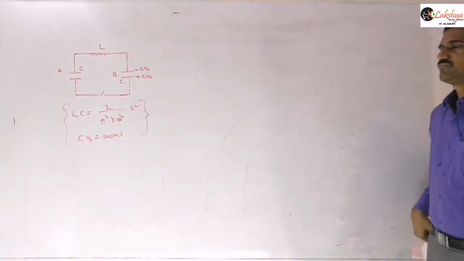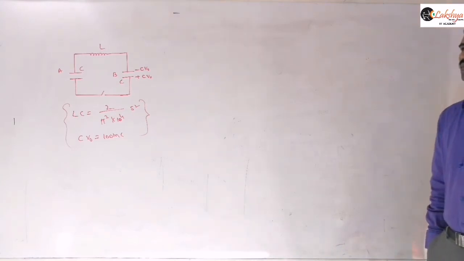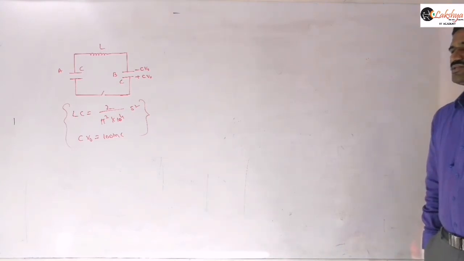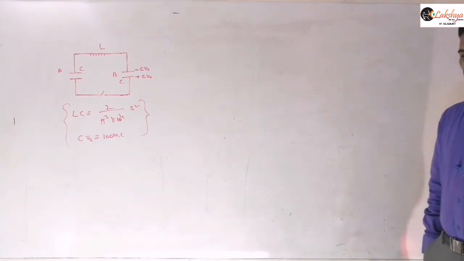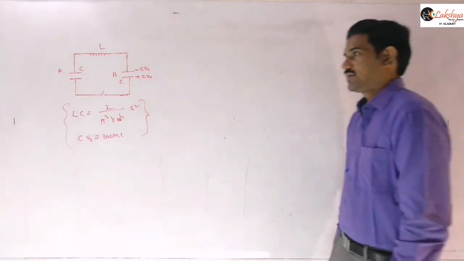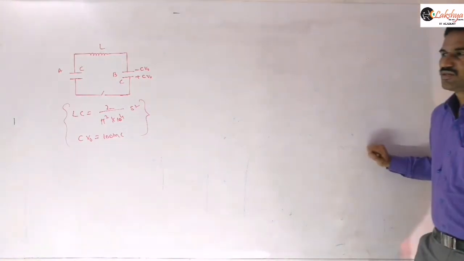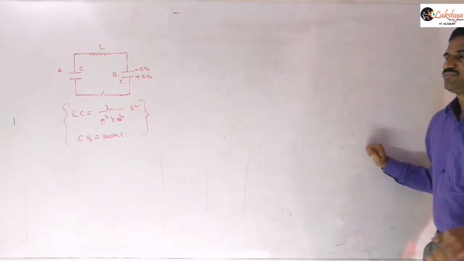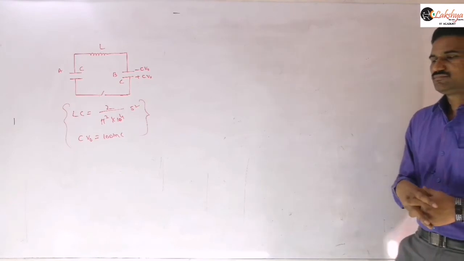So just to mention, in the circuit shown in the figure, capacitor B of capacitance C is charged to a potential difference V naught.